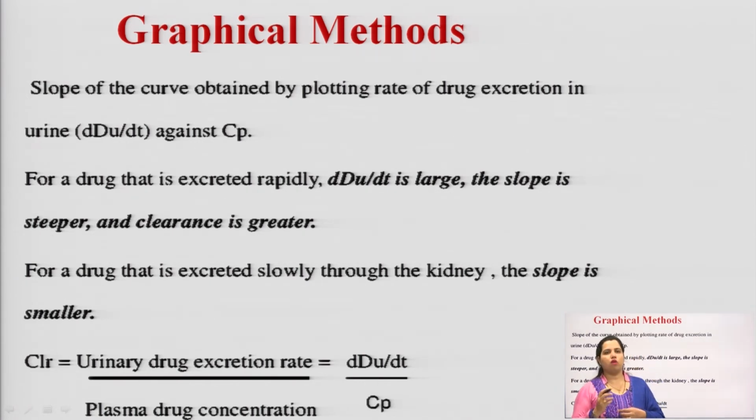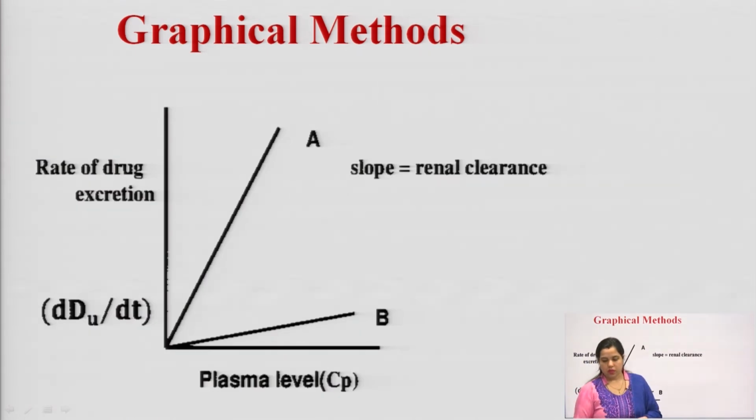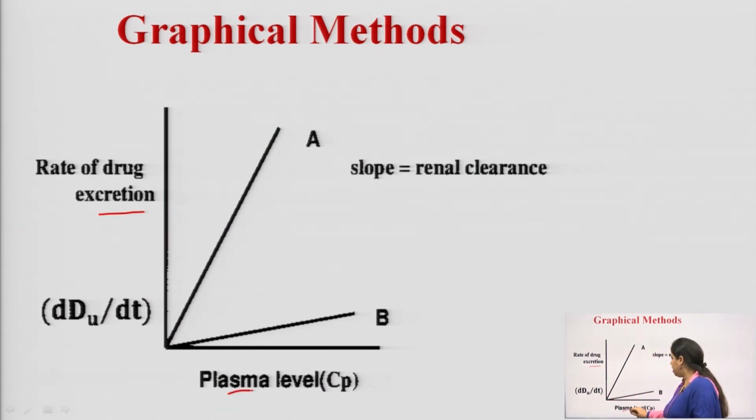So, clearance from the kidney is the urinary drug excretion rate divided by plasma concentration. So, here du by dt and Cp. A and B are two different drugs, with rate of drug excretion against plasma level.